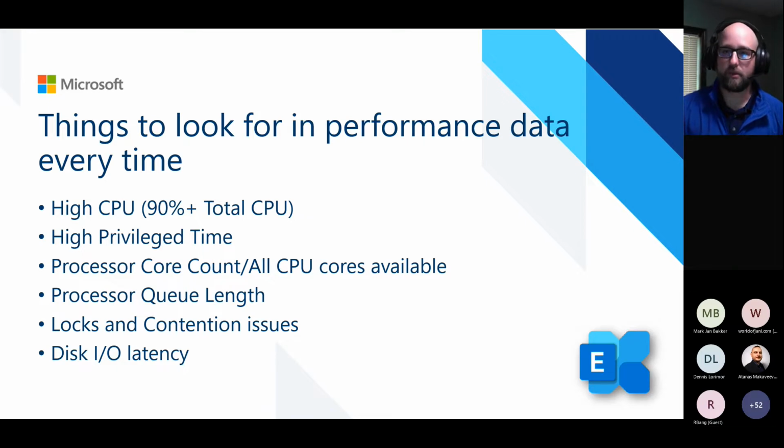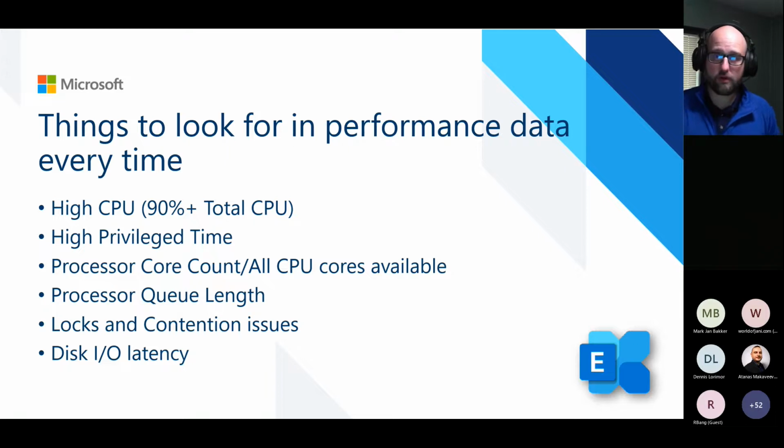Is the CPU bottleneck caused by bursts of activity, high privilege time, disk IO latency, or is it AD latency? And you need to be careful, because high CPU will cause the counters to show that there is AD latency, but it does not mean that AD latency is causing the high CPU.